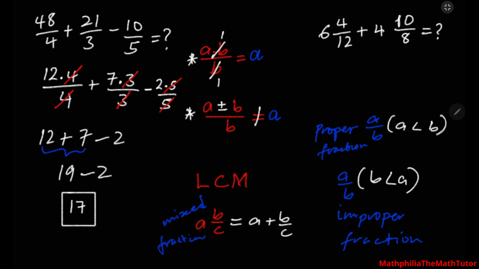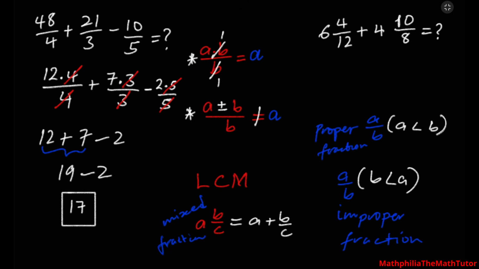Well, now the question is, if you have a mixed fraction, how do you convert it into an improper fraction? By the way, if you write a mixed fraction in the form of A over B, it is always an improper fraction because the numerator is always bigger than the denominator. So how do we do that?